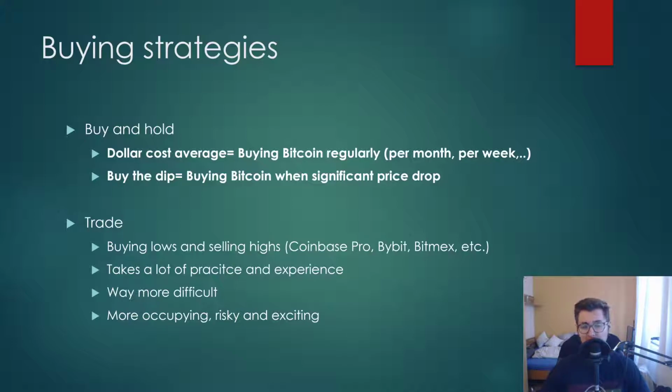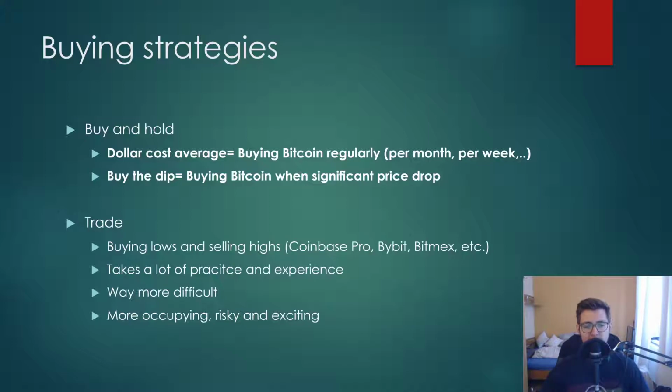For example, we had that very recently, an incredibly sharp drop in the price of Bitcoin, and this would be, in my opinion, a case where you could look to buy the dip and then dollar cost average as the price climbs. So these are the two easy ways of buying Bitcoin.